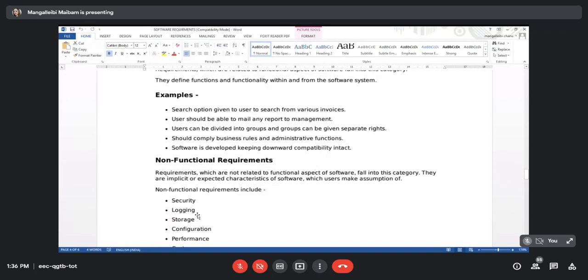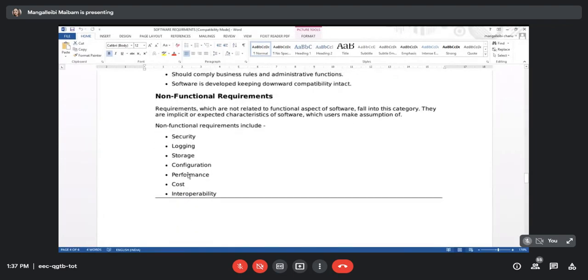Whereas non-functional requirements are the requirements which are not related to the functional aspects of the software, but which the users can be assumed to expect. These may include security, logging, storage, configuration, performance. We do not need to interact directly with the system for these, such as providing security, logging, storage, configuration, performance, cost, interoperability.